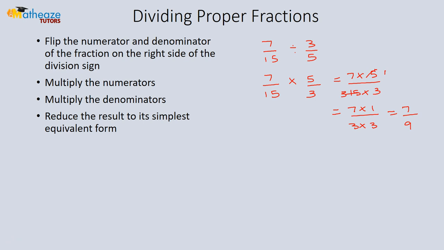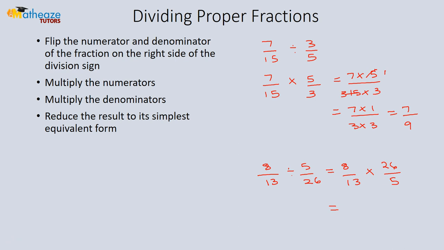One final example of this type, 8 over 13 divided by 5 over 26. So what we have here is, as usual, 8 over 13, and then we multiply and then flip the right hand side, 26 over 5.